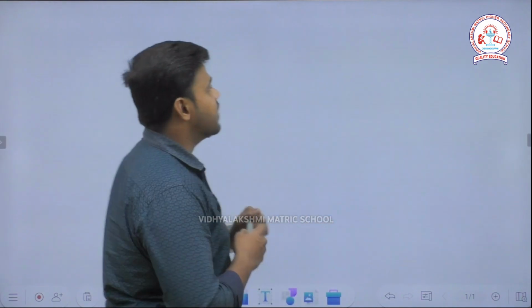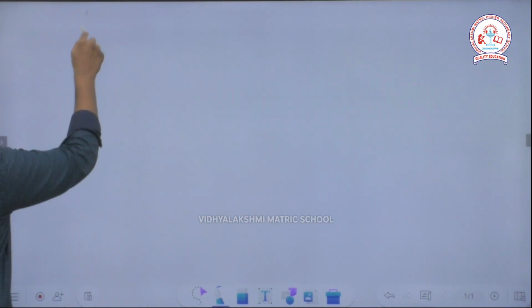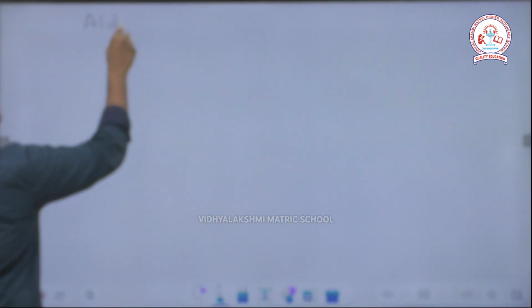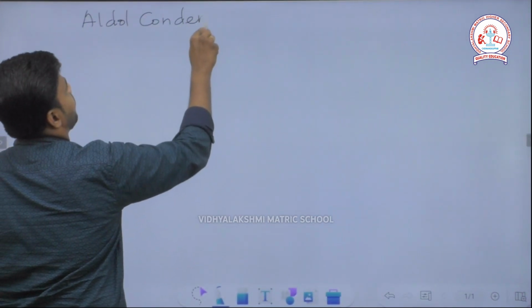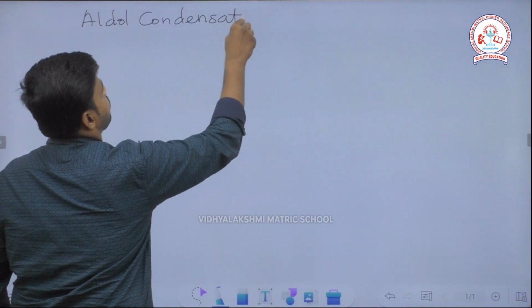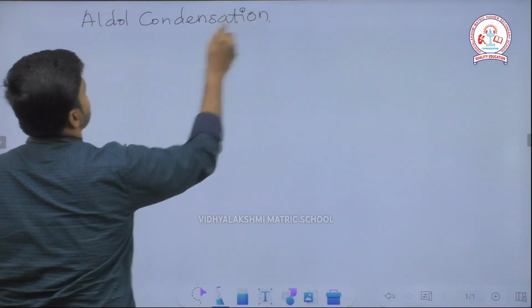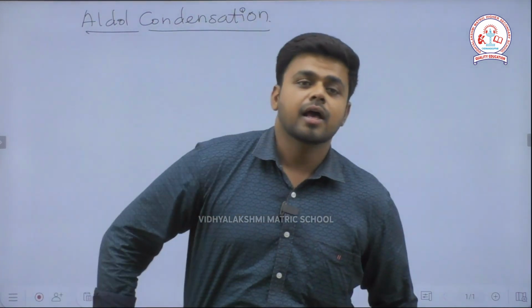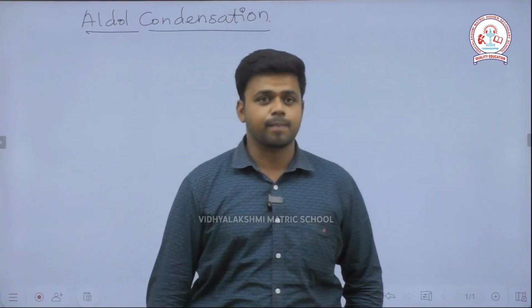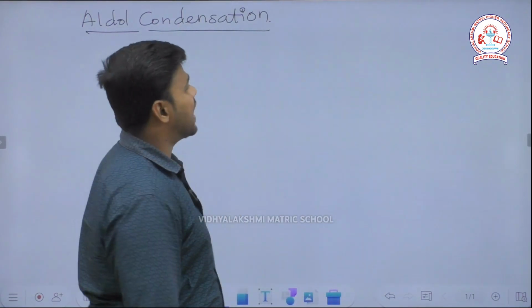In this session we are going to look into the mechanism of Aldol condensation, which is present in unit 12, carbonyl compounds and carboxylic acids. What is the aldol condensation?